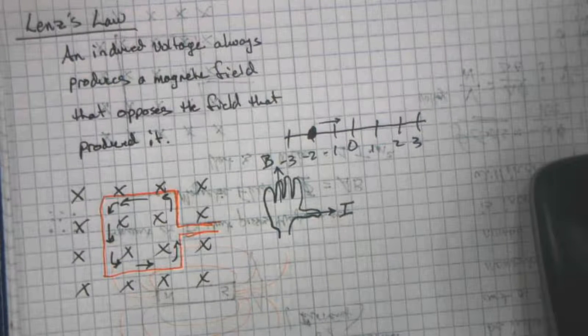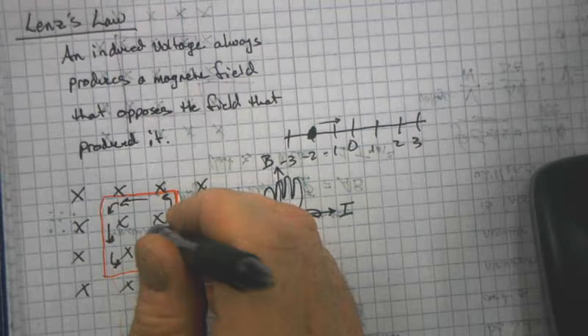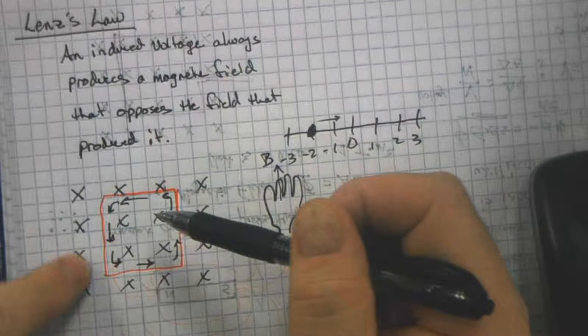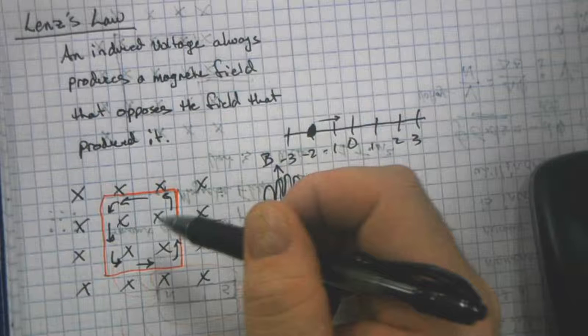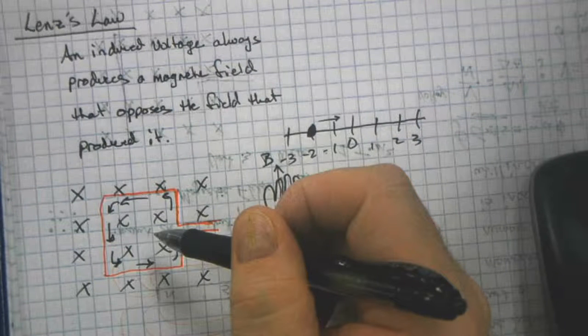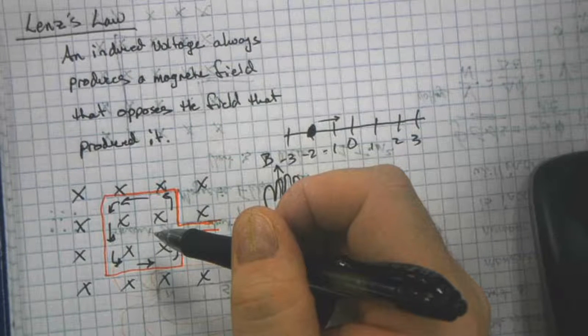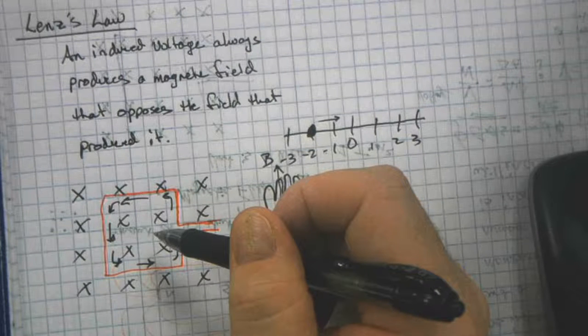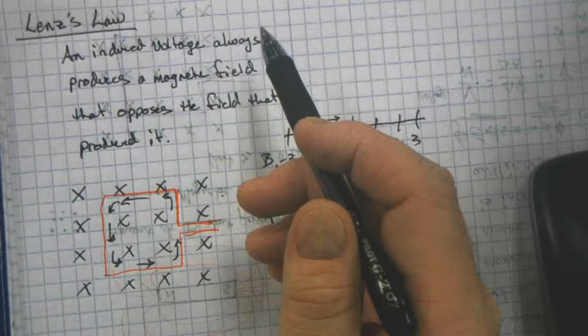Okay, so we determined that if this is decreasing, the current that we're going to make is going to increase the field, to oppose the change, right? So if this is a decrease, it opposes the field that produced it.